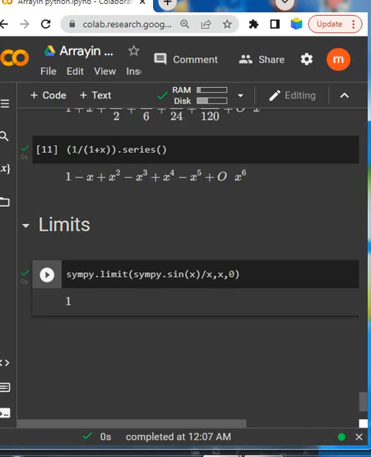In theory we have already understood these things.